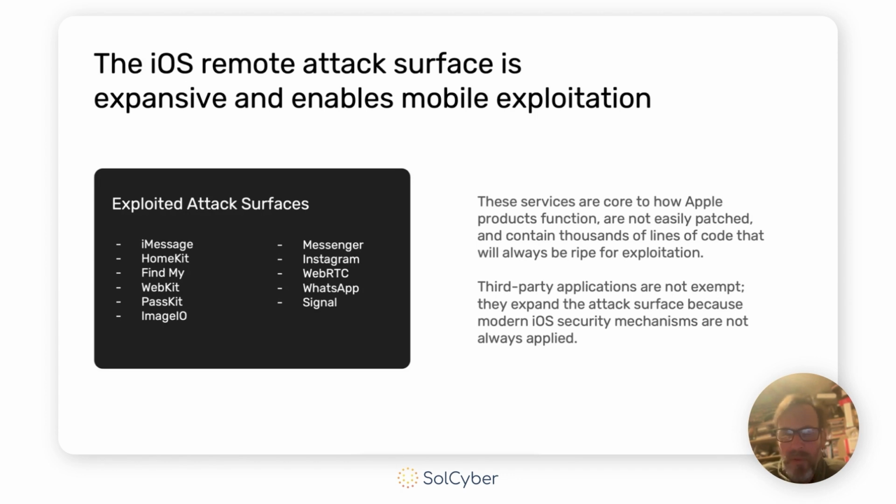And, so some of those are core Apple iOS features. Some of those are obviously third-party apps, but they will always be ripe for exploitation. Now, Apple does a particularly good job at patching these things quickly when they find these issues, way faster actually than most vendors.